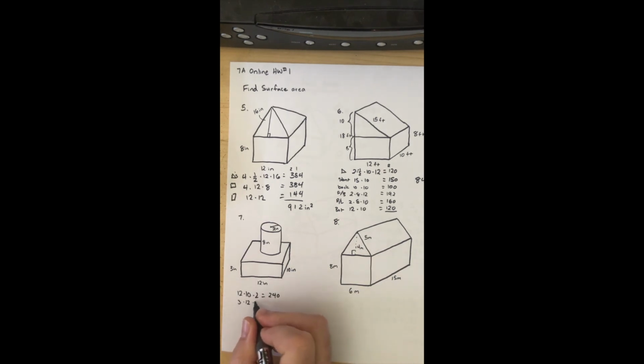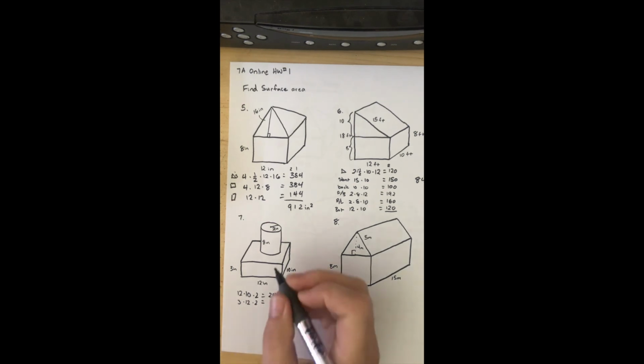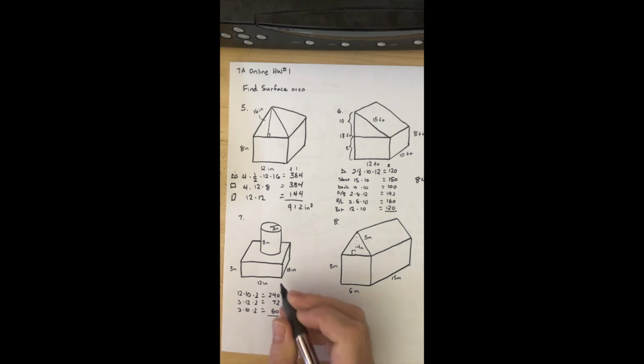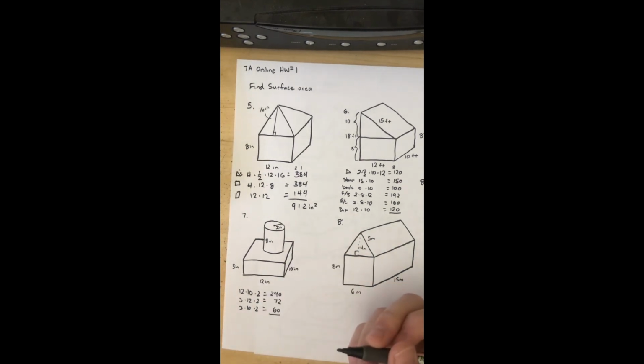The front and the back are going to be 3 times 12. And there's 2 of them. So that's 6 times 12, which is 72. And then I've got the right and the left, which is 3 times 10 times 2, which is going to be 60. So this is all of my rectangular prism sides.